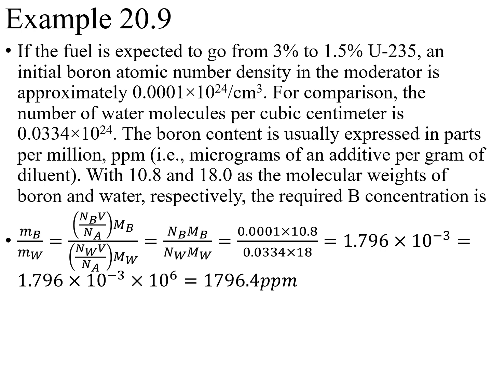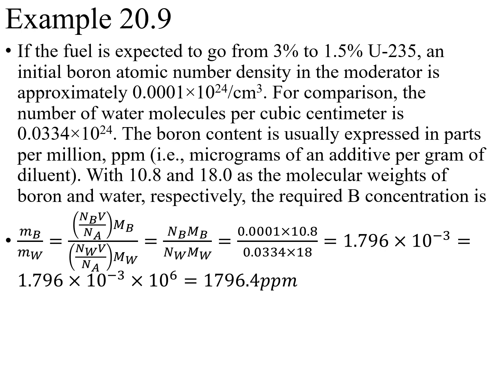So we have an initial boron atomic number density in the moderator that is approximately 0.001 times 10 to 24 atoms per cubic centimeter. For comparison, the number of water molecules per cubic centimeter is 0.0334 times 10 to 24 molecules per cubic centimeter.